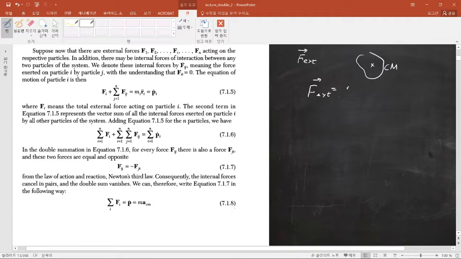So it should be written as M A center of mass. But here only external forces apply. So let's prove this. Here it is proved.